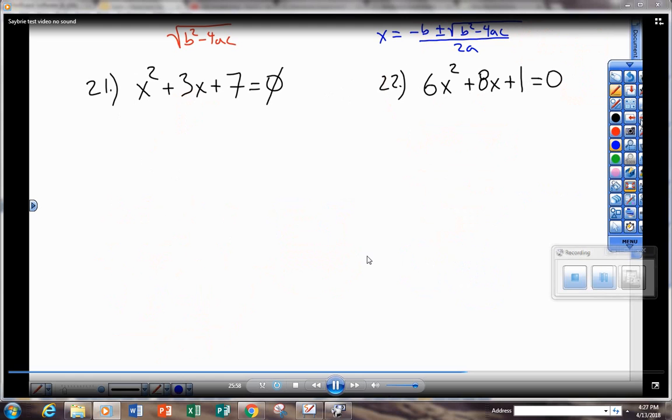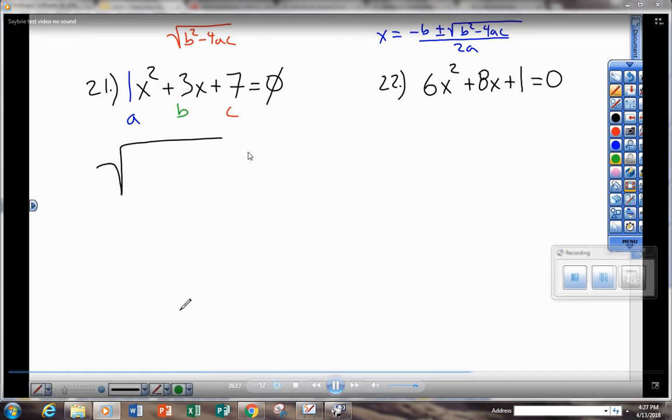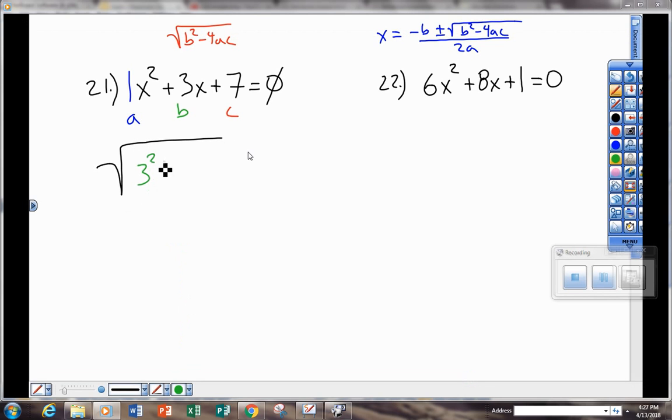Alright, 21. So for this discriminant test, a is 1, b is 3, c is 7. When I plug those in, I get 3 times 3 minus 4 times 1 times 7.